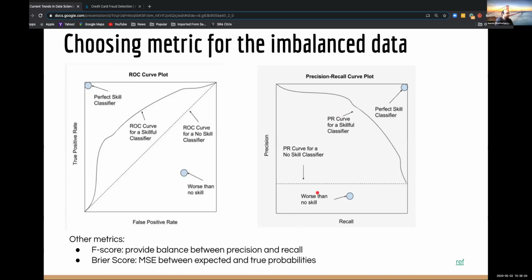When you're dealing with an imbalanced data set, like the one that I just showed in the previous slide, it is better to measure your model using AUC-PR, which is this plot. If your data set is only somewhat imbalanced, maybe 80-20, then you can use AUC or AUC-PR. But for an imbalanced data set, AUC-PR provides a better way to look into the accuracy of the model.